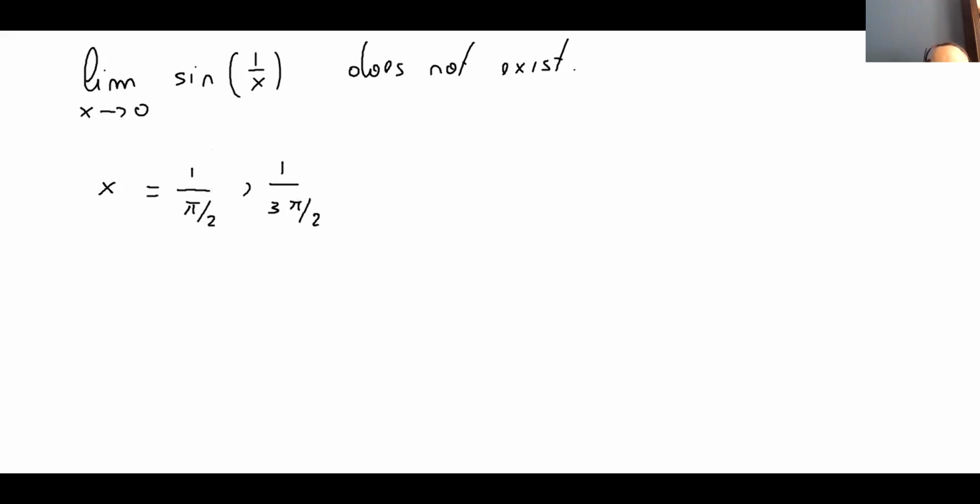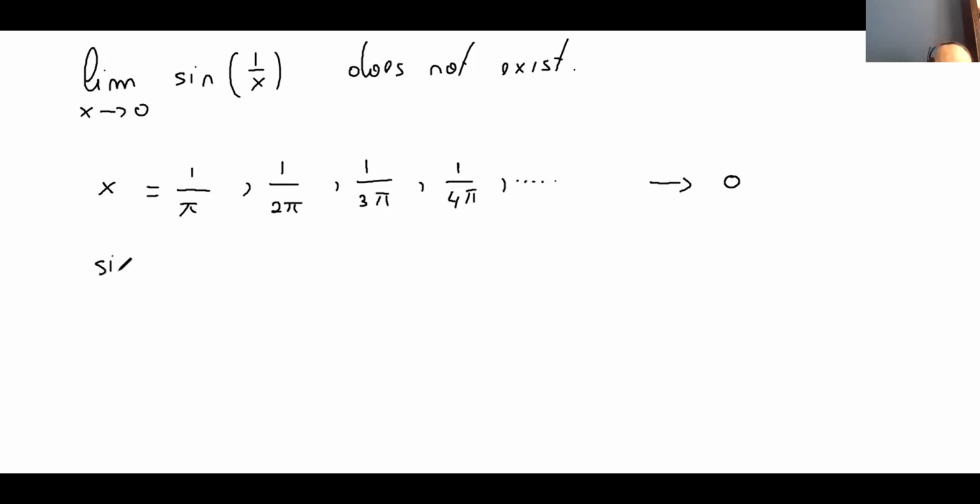Actually, let me make them simpler multiples of pi. So 1 over pi, 1 over 2 pi, 1 over 3 pi, 1 over 4 pi, and so on. If I do the multiples of pi here in the denominator, then these values of x are obviously all very close to 0.